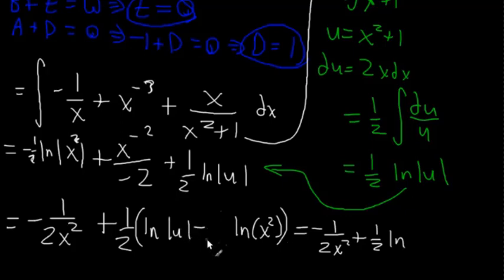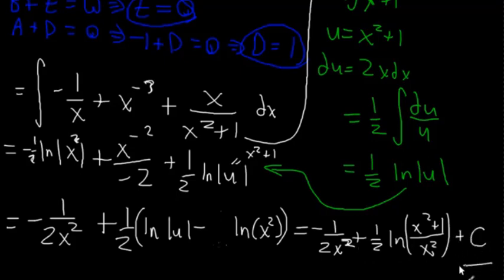So, oh, by the way, u we know is just x squared plus 1 from that formula. So it's going to be the natural log of u, or x squared plus 1, over the one that's being subtracted, x squared. And so let's put the parentheses around that. And now we are officially done with this, so we can add the plus c at the end and box our answer.